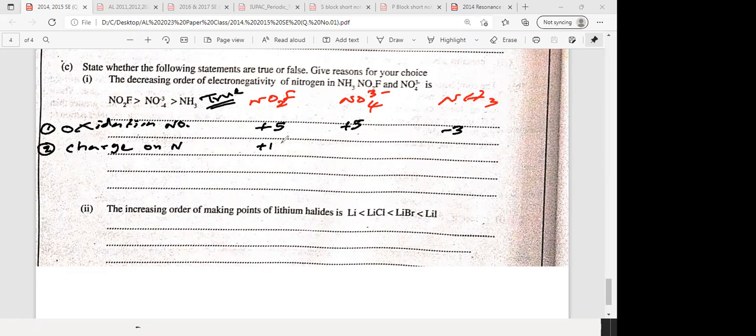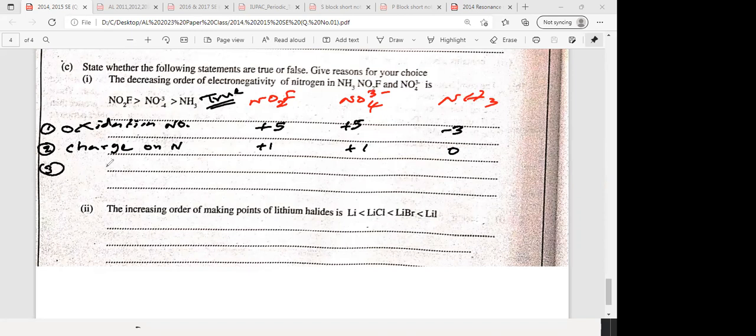Charge on nitrogen is +1. When you draw the Lewis structure, you get a +1 charge on nitrogen. That's what it means. Plus charge on nitrogen and the oxidation number, 2 things. Third one.